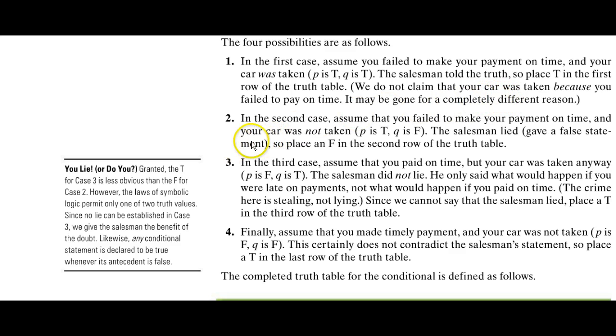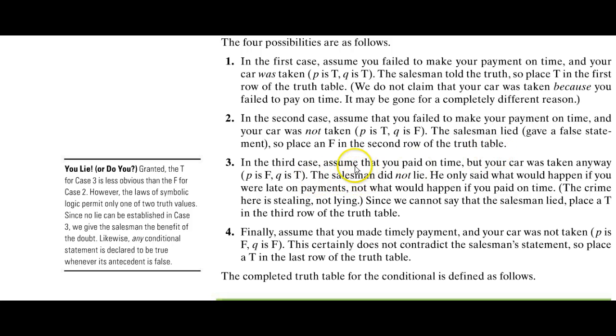All right, in example 2, the second case assumes that you failed to make your payment on time and your car was not taken. Maybe they couldn't find it. So the salesman may have lied about saying that it would be taken. So place an F in the second row of the truth table.